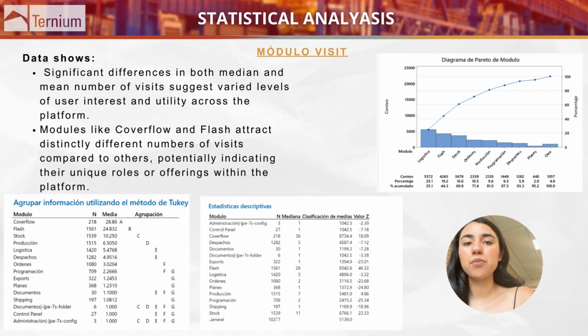There are modules that are more used and others that are less frequently used. Modules like Coverflow and Flash attract varying numbers of visits compared to others, and what we wanted to identify was which module groups share the same mean, median, and certain statistical similarities.